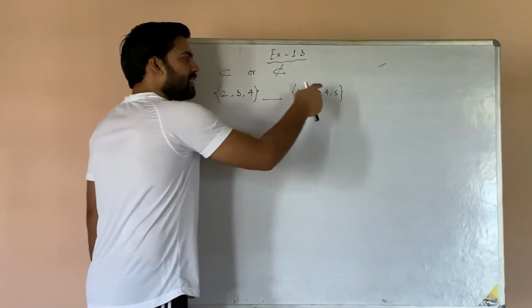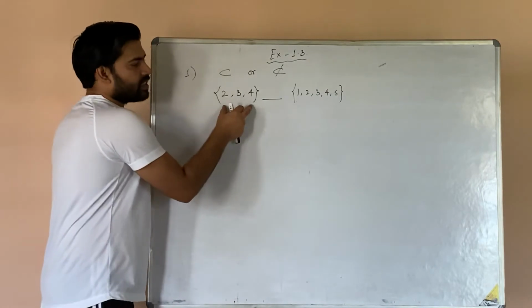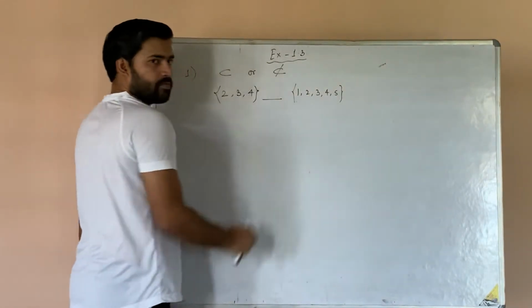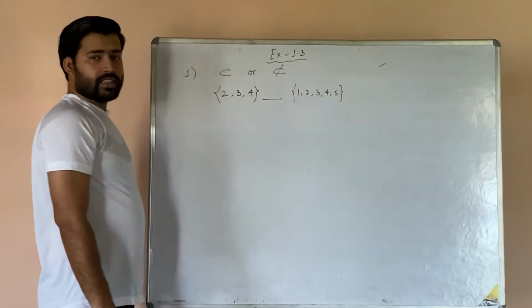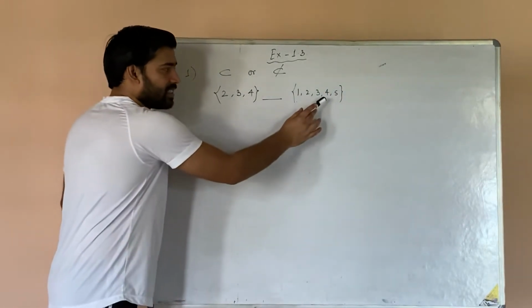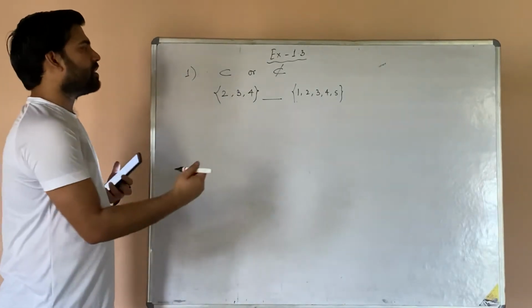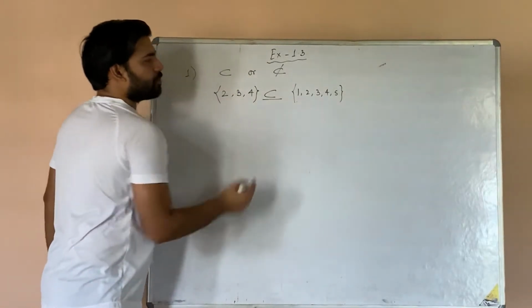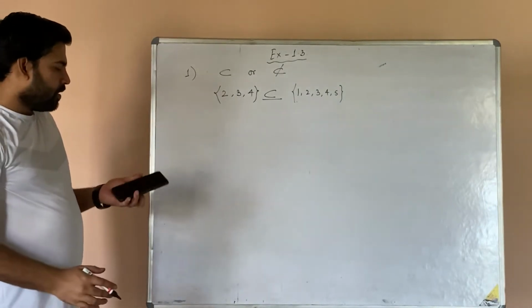Is 4 there in the next set? Yes, it is there. So that means all the elements of this set are lying inside this set, and apart from that, some extra elements are also there in this set. So this is a superset, and this is a subset. So I'll put the sign like this: this is a subset of {1, 2, 3, 4, 5}. Am I clear?